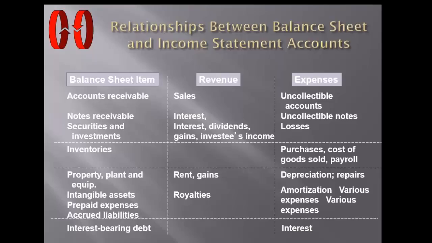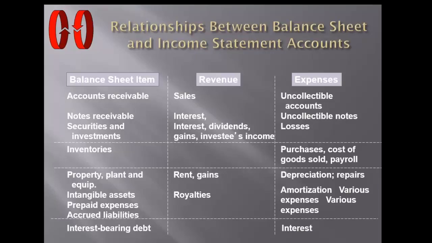Obviously, there's a relationship between the balance sheet and the income statement. On the balance sheet side, we have accounts receivable. This relates clearly to sales as well as uncollectible accounts. Notes receivable and securities relate to interest, dividends, and uncollectibles. Inventory is going to relate to purchases and cost of goods sold.